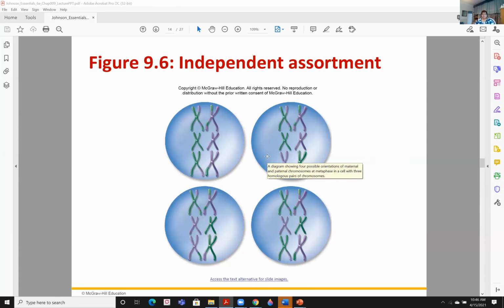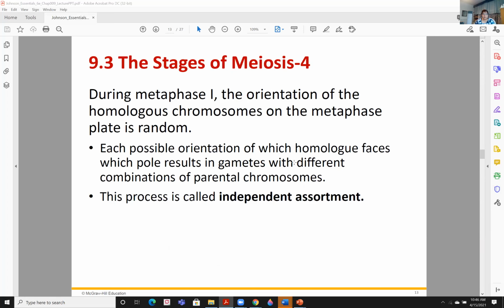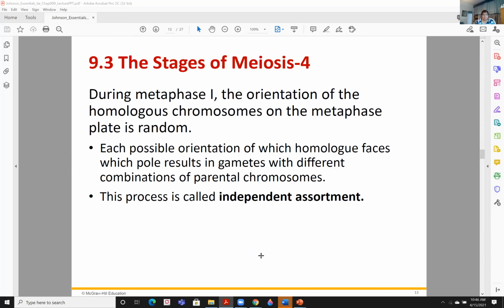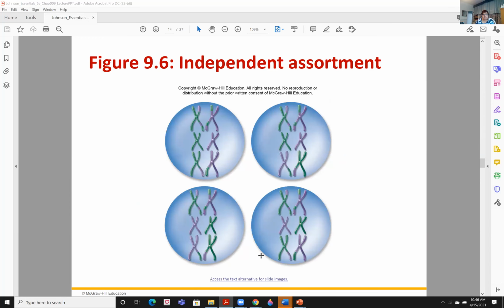So here is a diagram of the 4 possible ways that our chromosomes could line up. In our previous picture, we're looking at a pair of homologous chromosomes that have undergone crossing over.